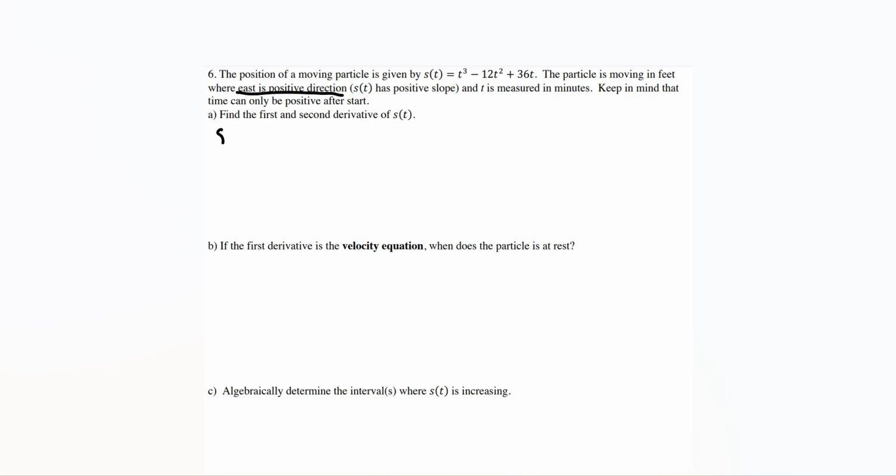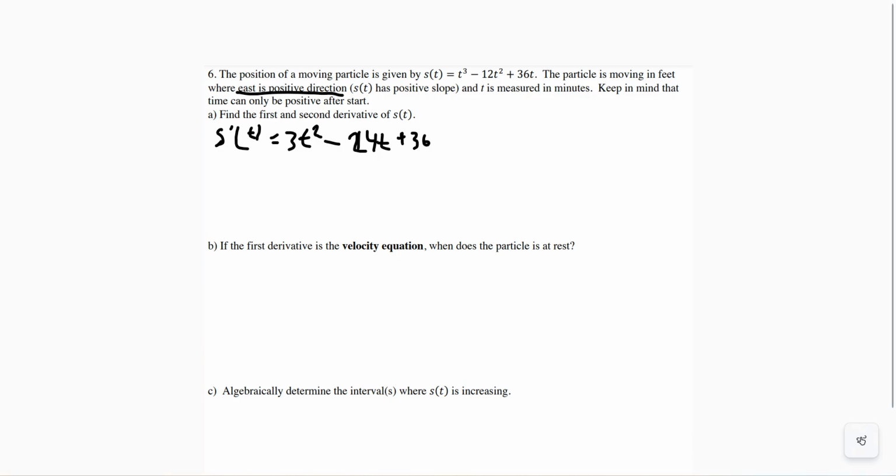Okay, so for s of t, we're just going to use the power rule here. So we get 3t squared minus 24t plus 36. And we did this through the power rule.